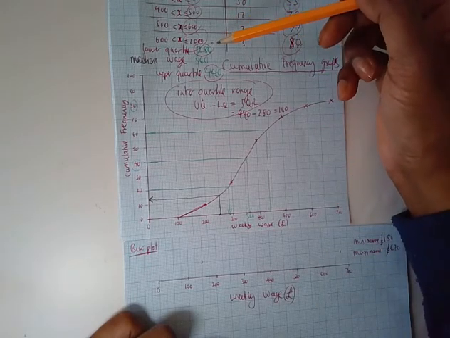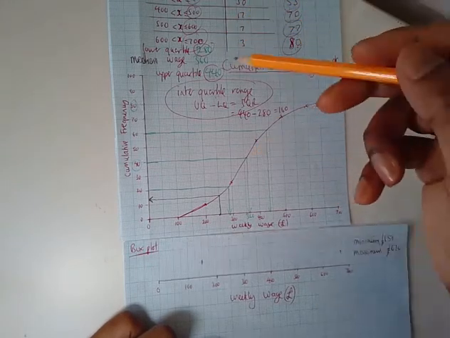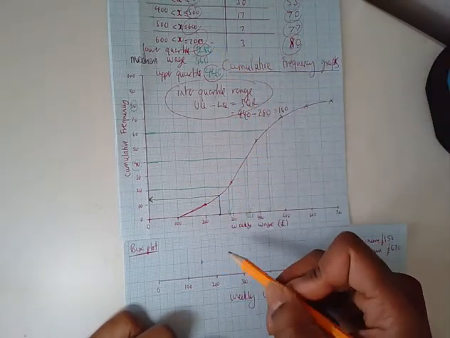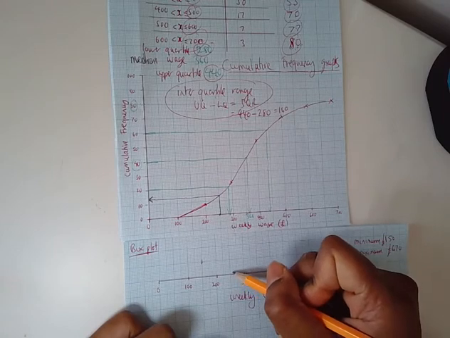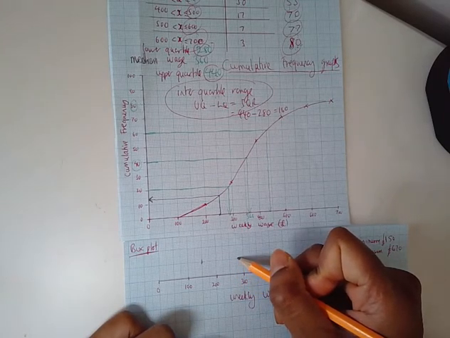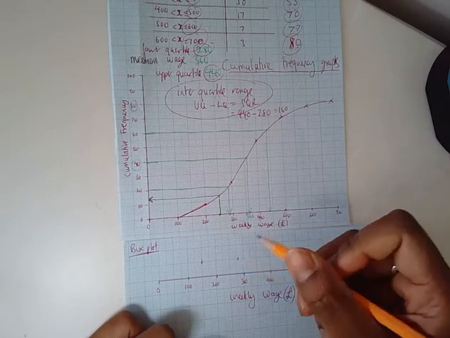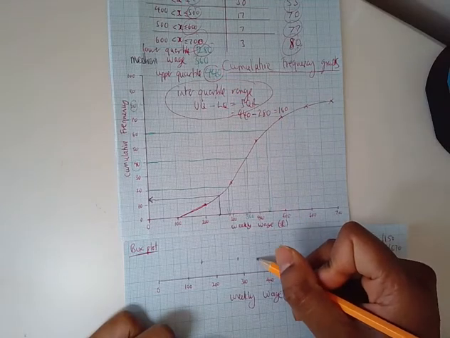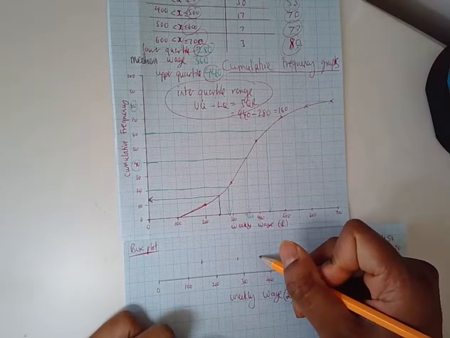Now the lower quartile, which is 280, 250, 260, 270, 280 I've got here. Median is 360, that's 350, 360.